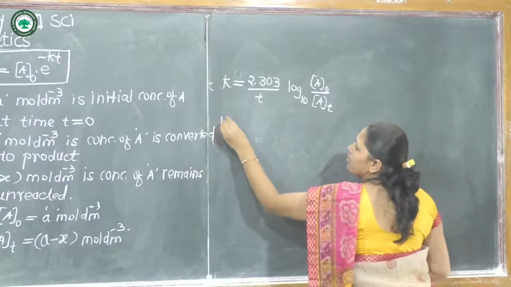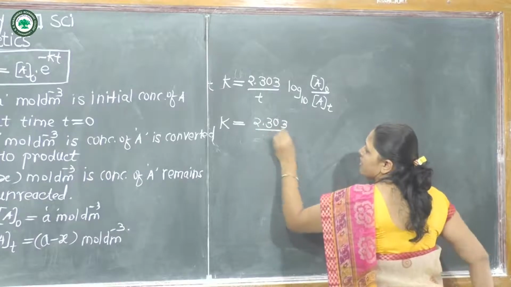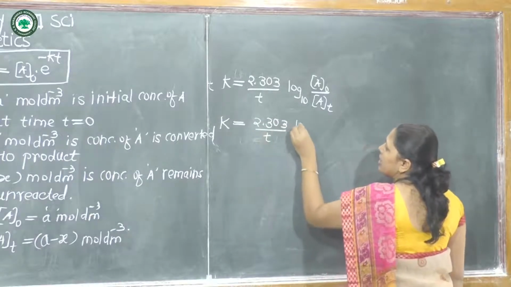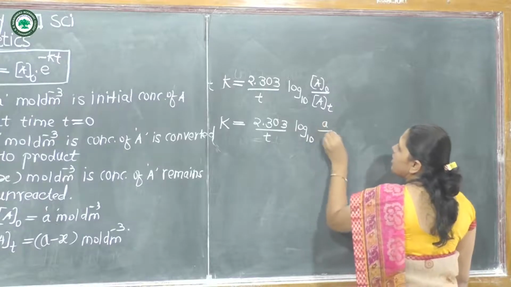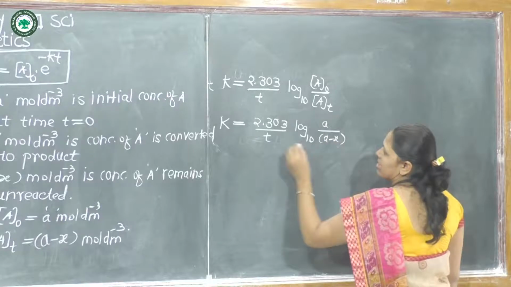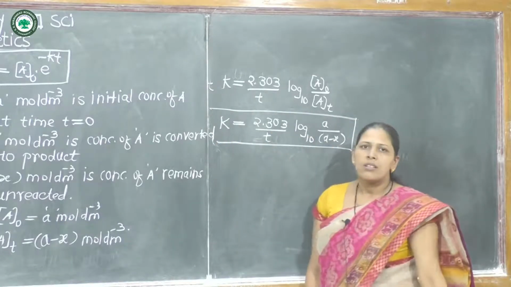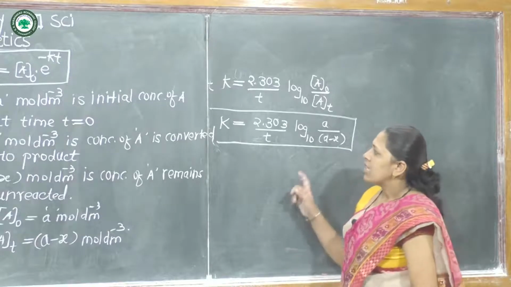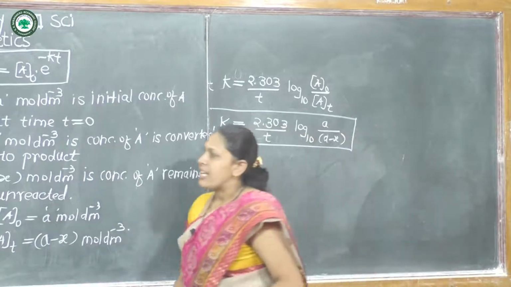Substituting this value, k is equal to 2.303 divided by t log to the base 10, A0 is equal to a divided by At is equal to a minus x. This is the third form of integrated rate law for first order reaction.